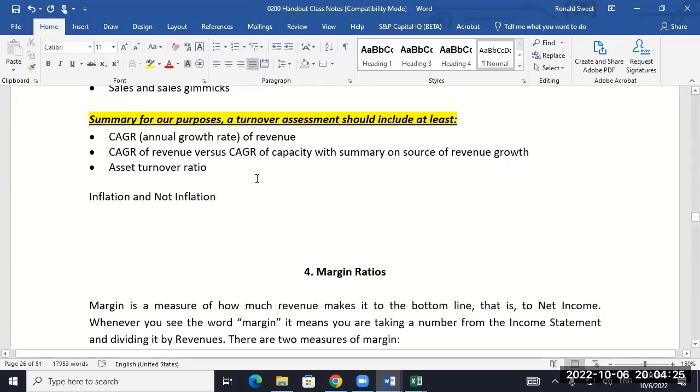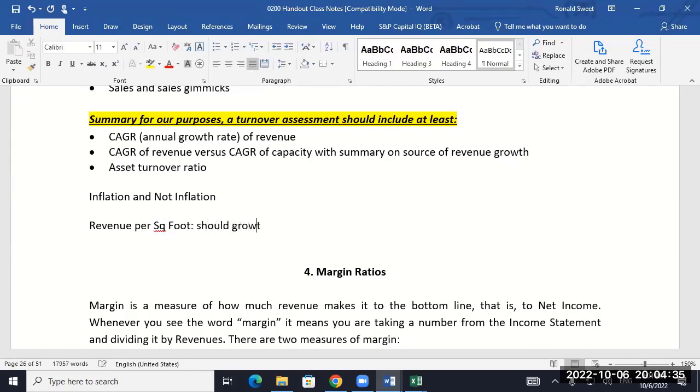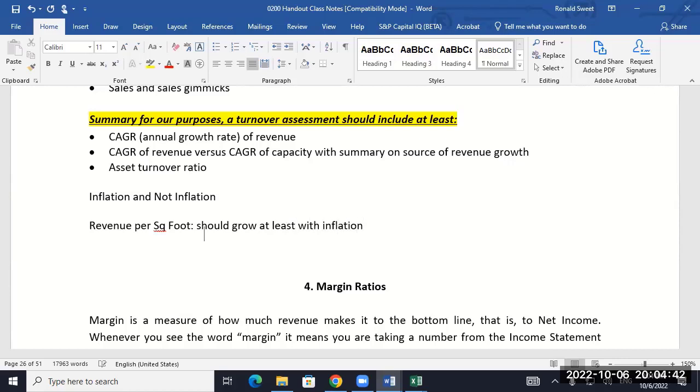So revenue per square foot should grow at least with inflation. Revenue per PP&E just needs to be greater than 0.